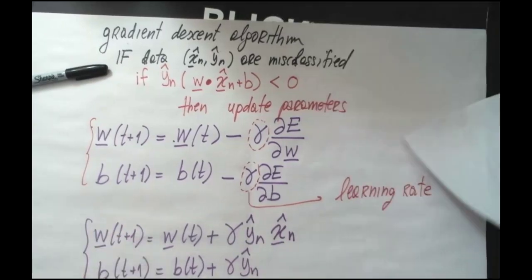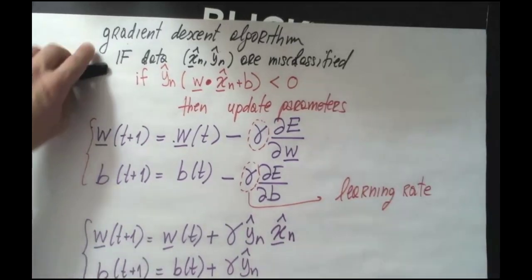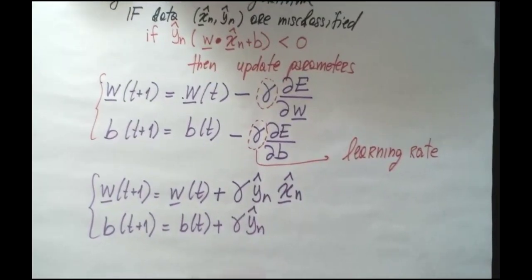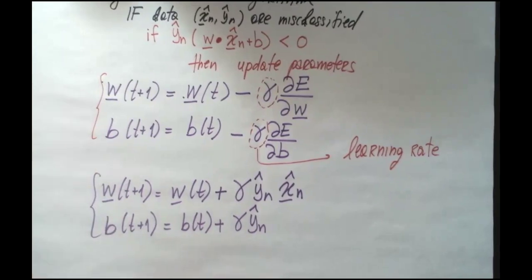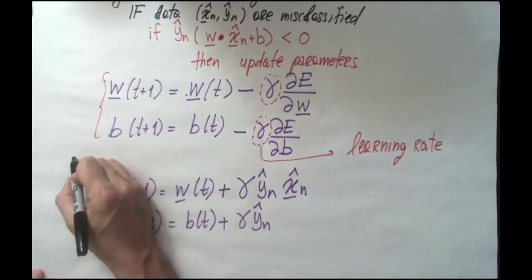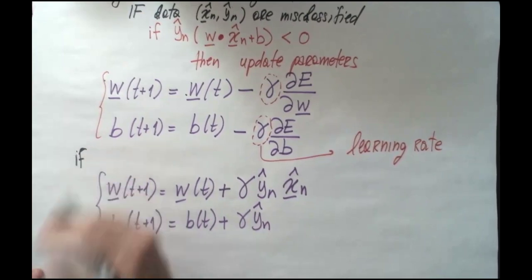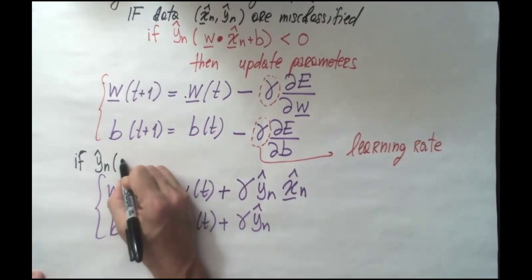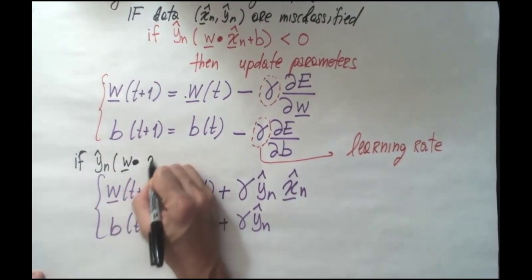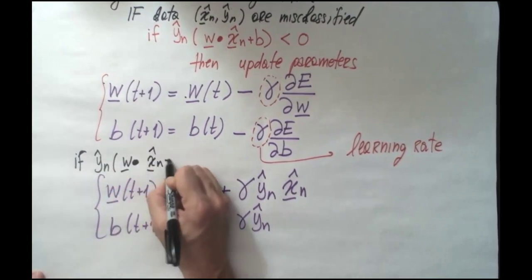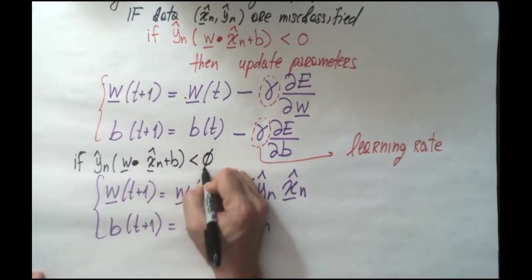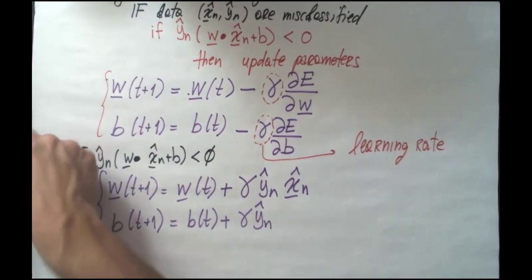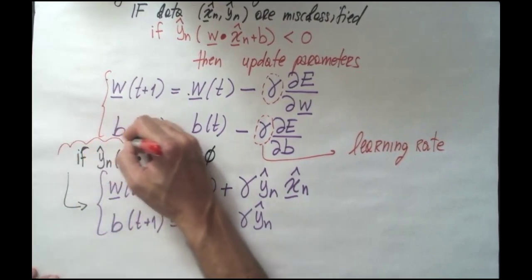You can see that this training algorithm is very easy to implement. And again, this is when a data point is misclassified. I'm going to write the condition again here: if this is less than 0, then update the parameters.